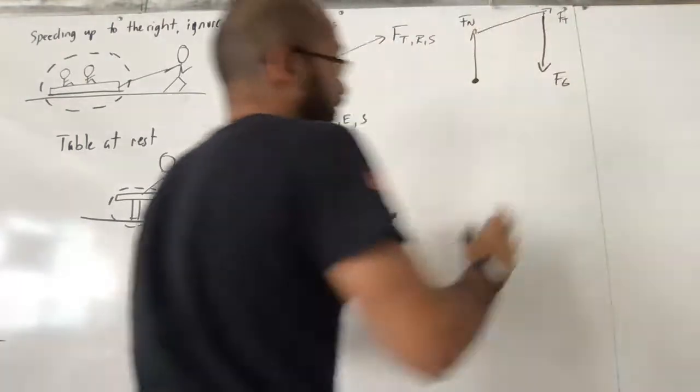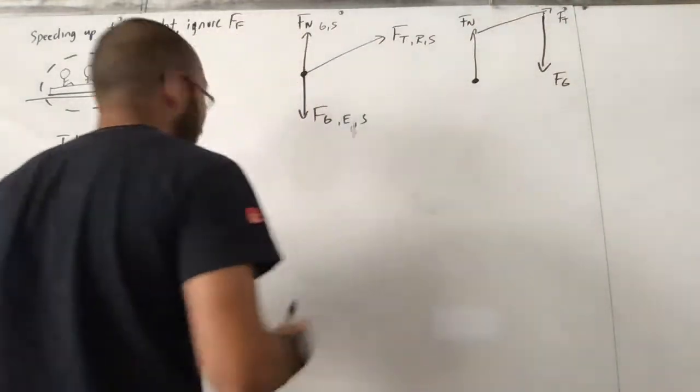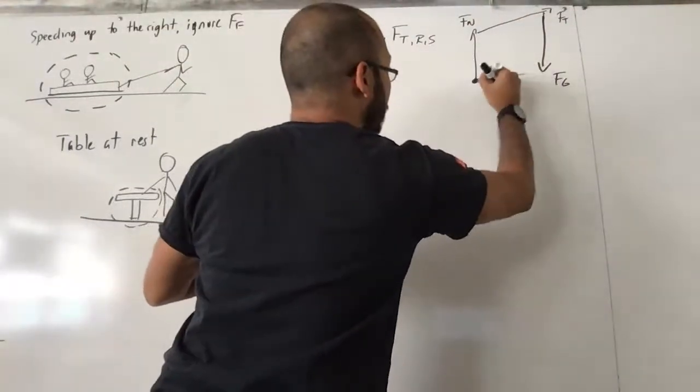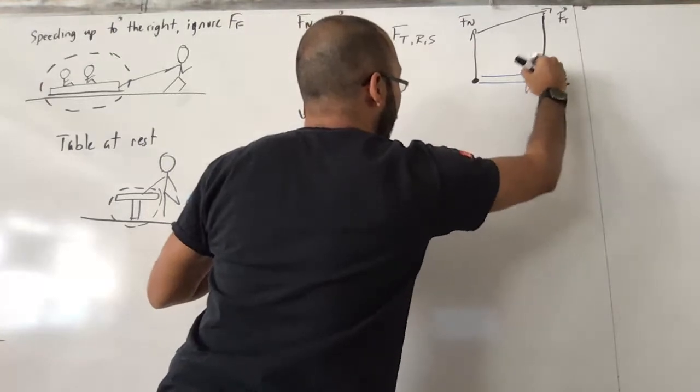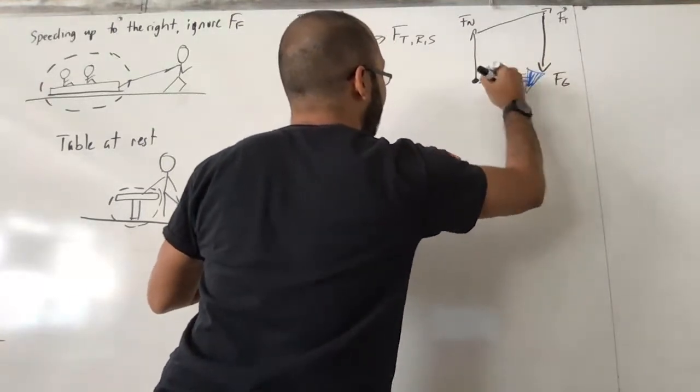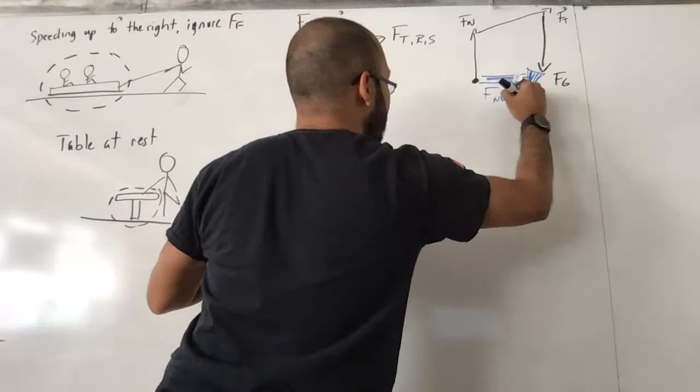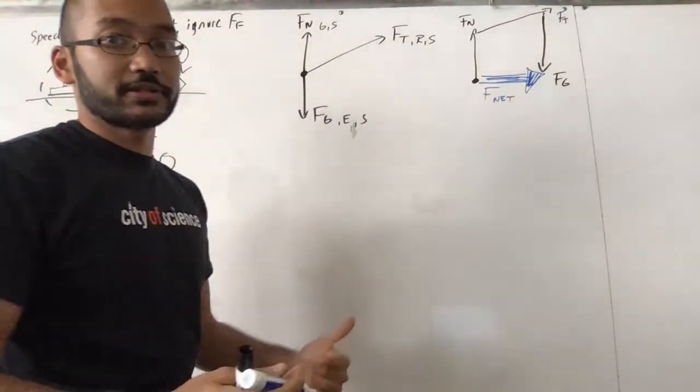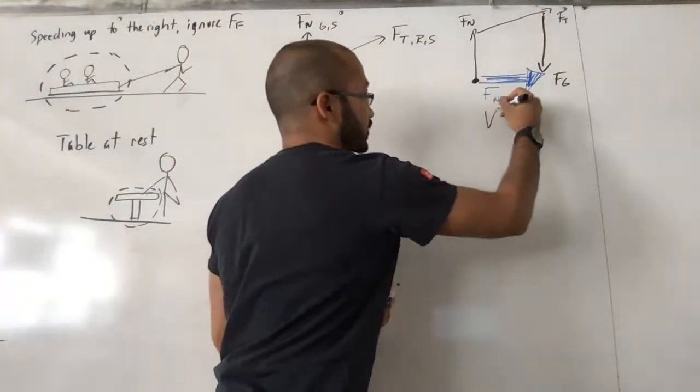So remember, adding vectors tip to tail, and the net force I'm going to draw in blue. This is your net force that's causing the acceleration. This is called a vector addition diagram.